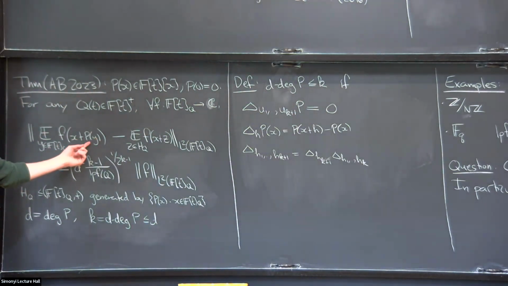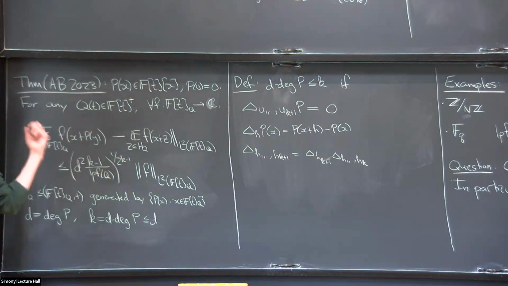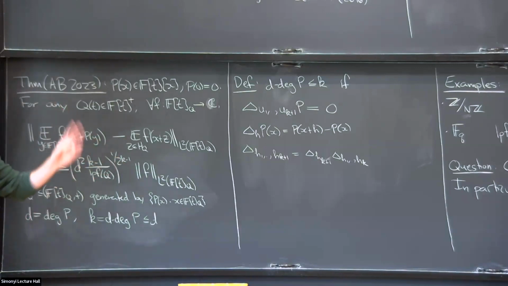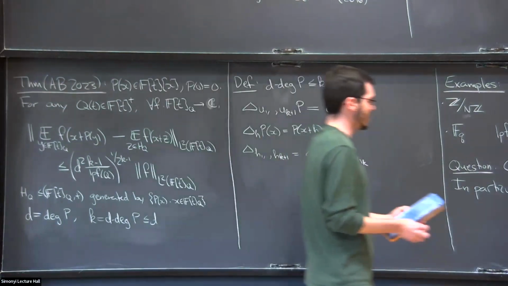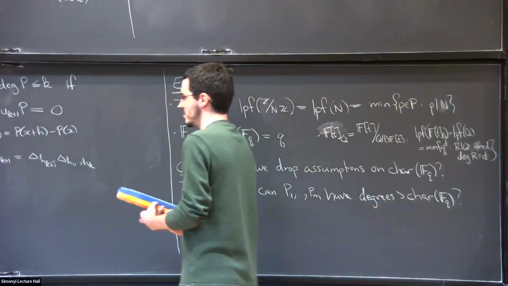It's going to involve some van der Corput, and the number of times to apply van der Corput is based on the number of derivatives we need to reduce this to maybe linear here.